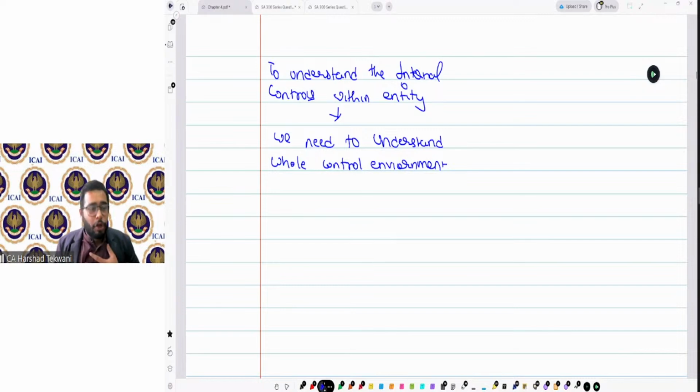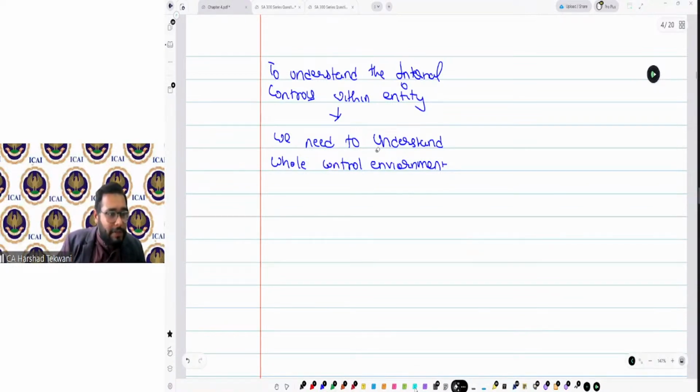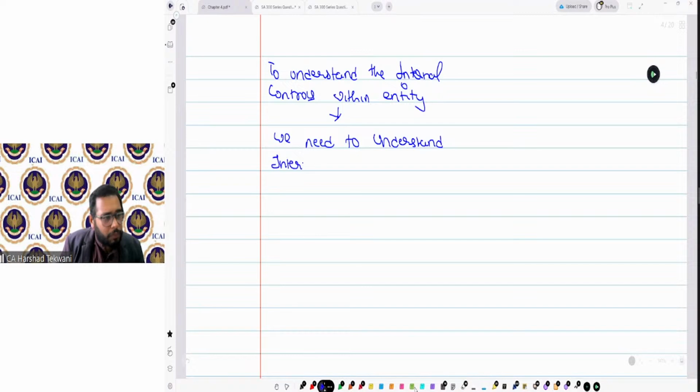If I want to understand the internal controls, how can I understand that? What are the factors? So instead of this word, I will keep the word internal control to avoid confusion.